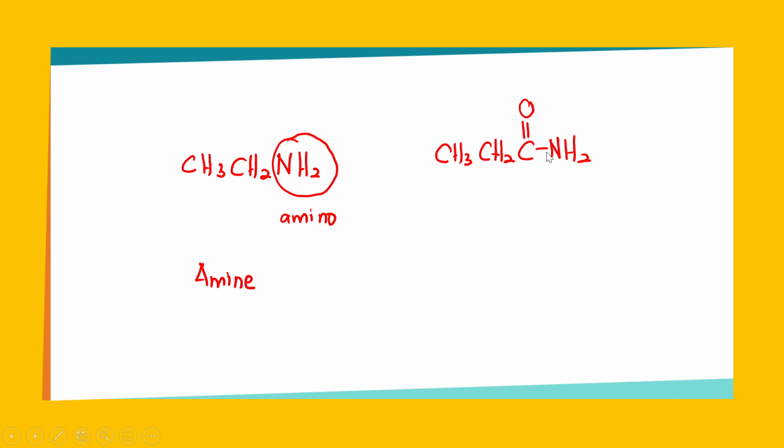But for this one, because we have C double bond O and then we have NH2, which is an amino group, it is no longer amino, but the functional group is a combination of these.